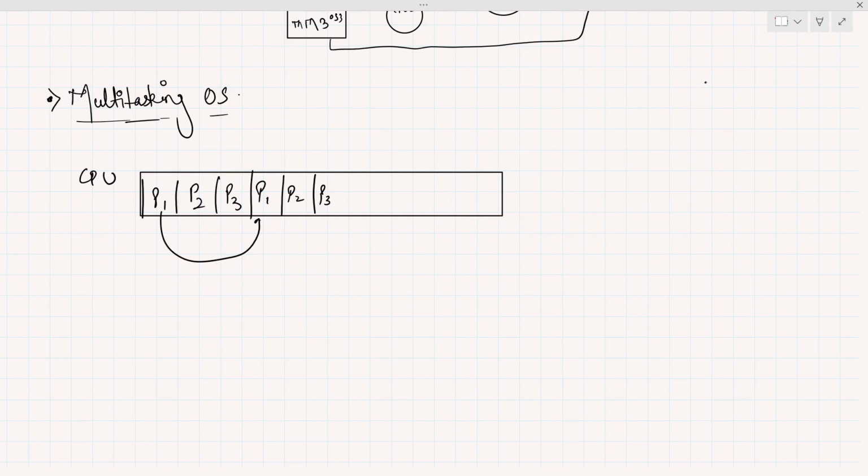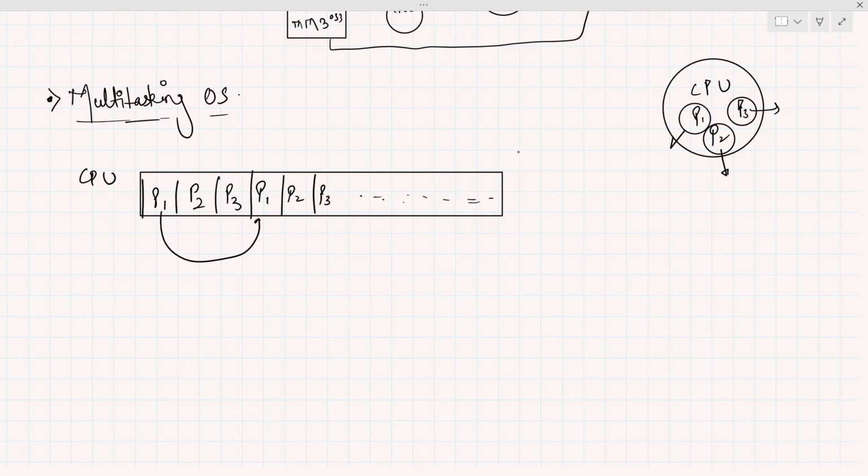What the CPU does is, P1 executes a little bit, leaves the CPU, P2 executes a little bit, leaves the CPU, P3 executes a little bit, leaves the CPU, then P1 again, P2 again, P3 again. This loop keeps running until you close that particular process.